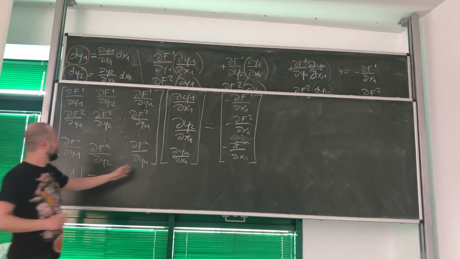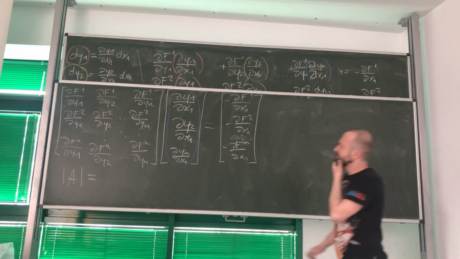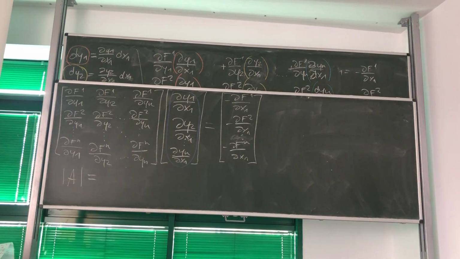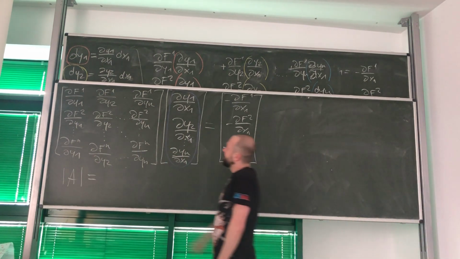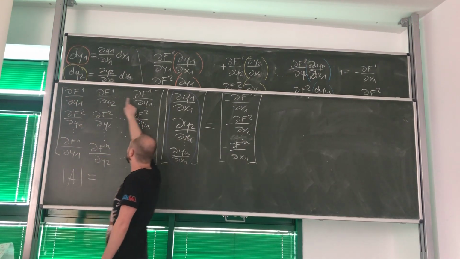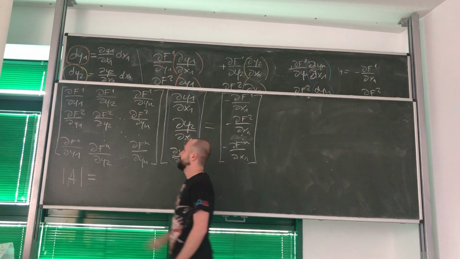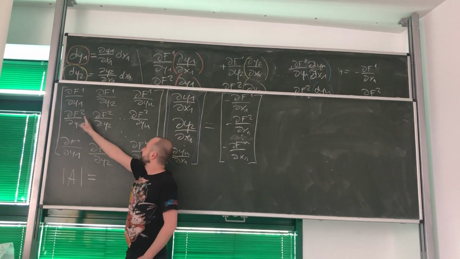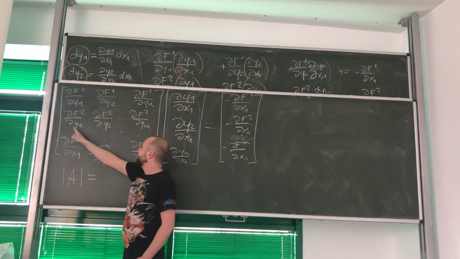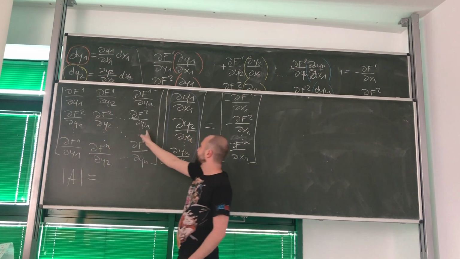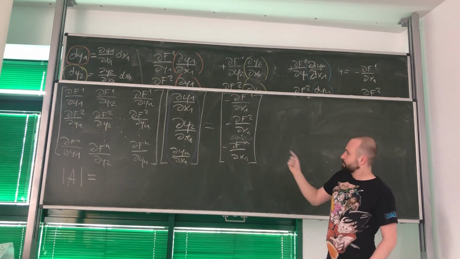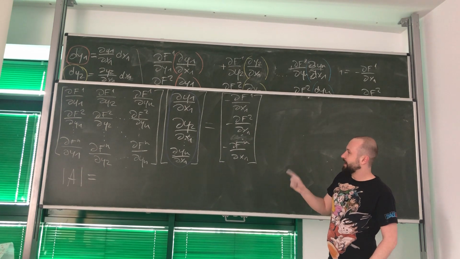However, this matrix of coefficients is very specific. Look, in the first row, I have the first function differentiated by every endogenous variable. In the second row, I have the second function differentiated by every endogenous variable, and so forth.